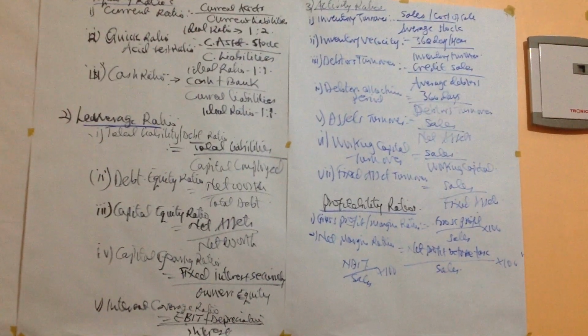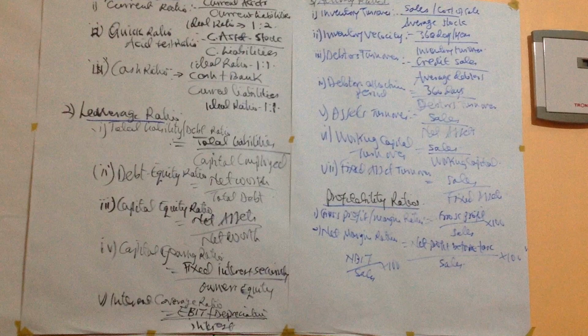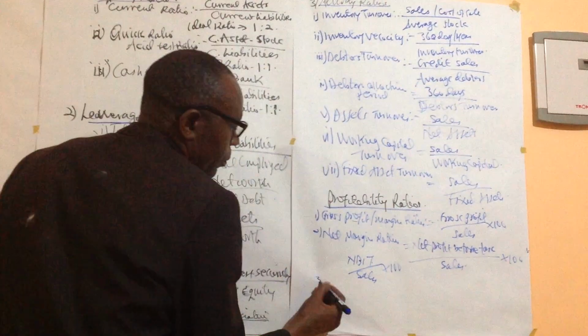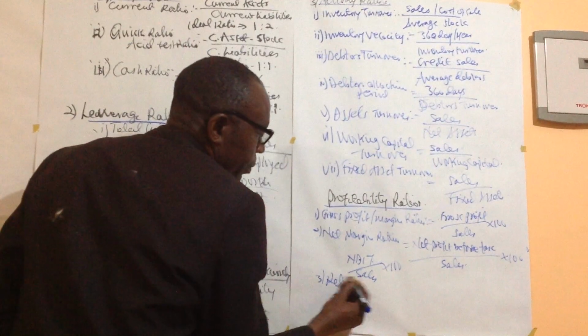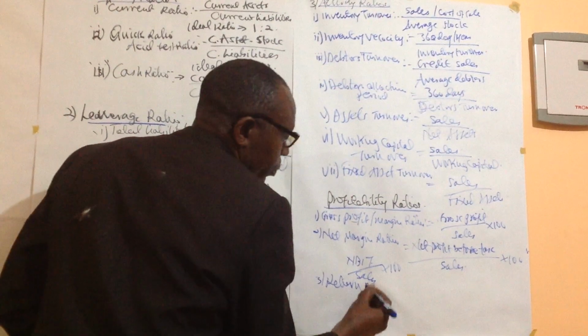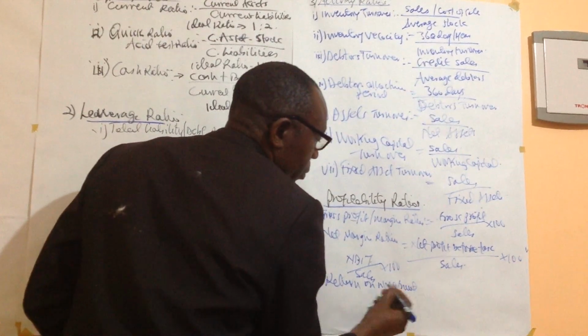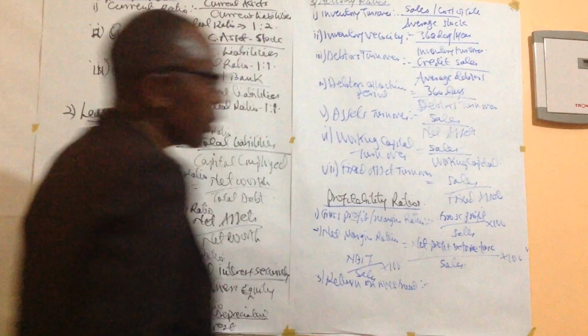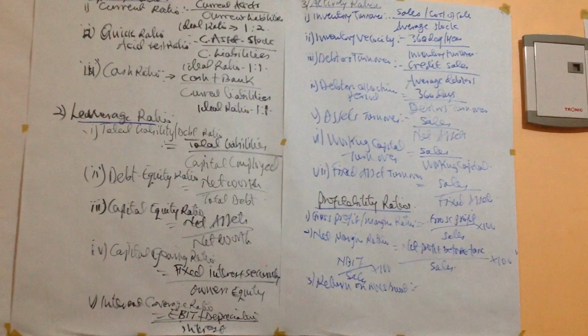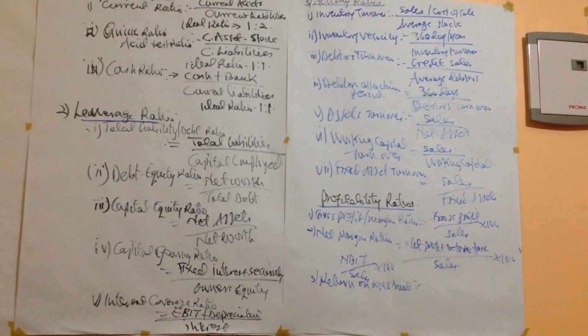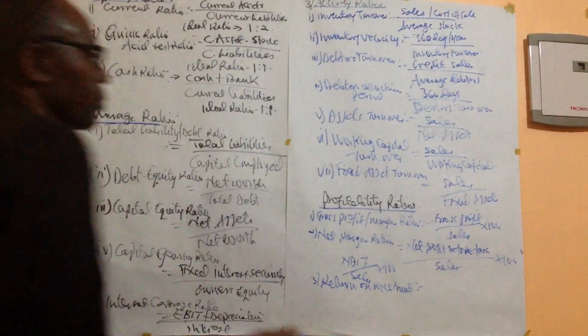Now we have what we call the return on investment. Return on investment is a profitability ratio, and the equation is the same as I talked about earlier. Under return on investment, we have earnings before interest and tax over the net assets.